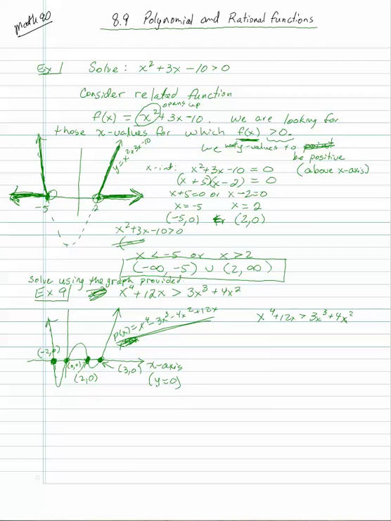Now, if we look at the inequality we're given, you can subtract 3x cubed from both sides, subtract 4x squared from both sides, and then you get that greater than 0. So this is our p of x, and we're going to look at the graph and say, where is it greater than 0? So again, that's positive.